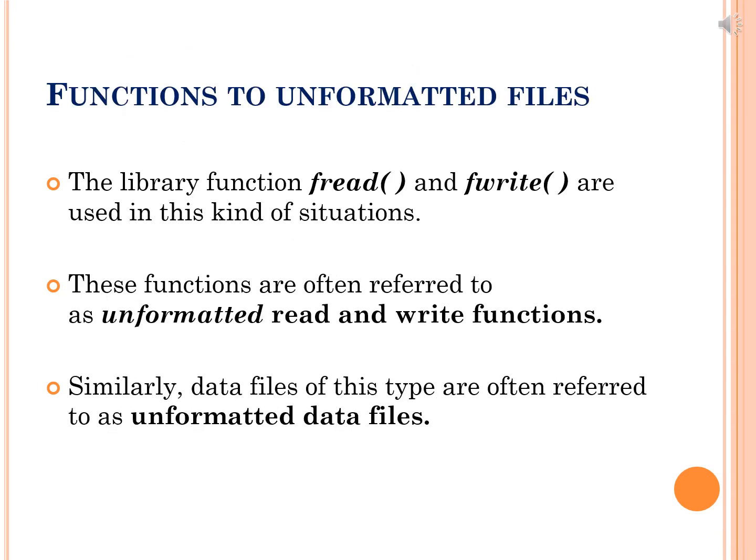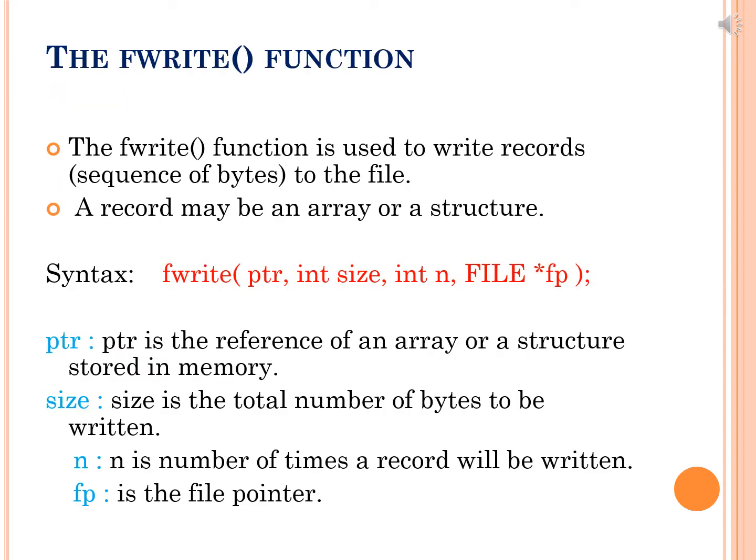The library functions that are used to read and write to and from the unformatted files are fread and fwrite, and these are called the unformatted functions, and the files are known as unformatted data files. The fwrite function is used to write records into the files.